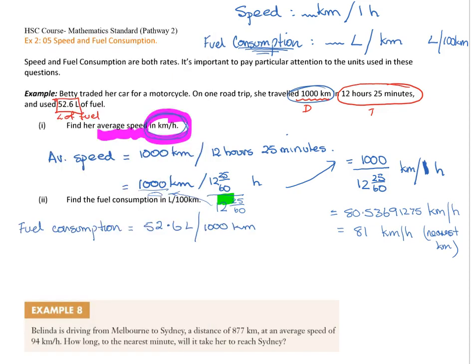Now again, when looking at part B, we're going to use the biggest hint, which is the wording of the question. It says find the fuel consumption in litres per 100 kilometres. I'm really focused for the first step in getting the units or the quantities in the right spot.